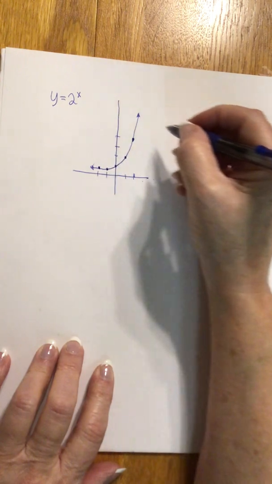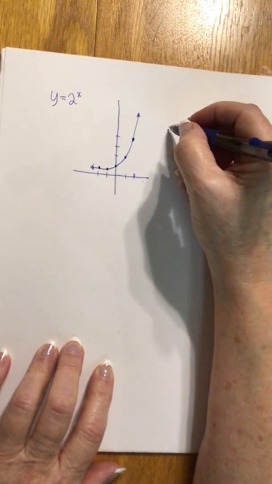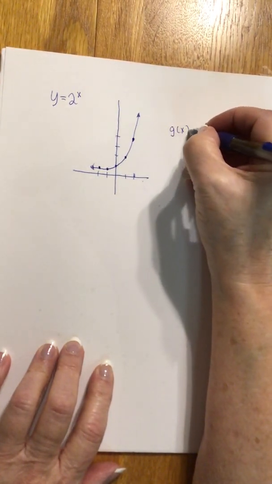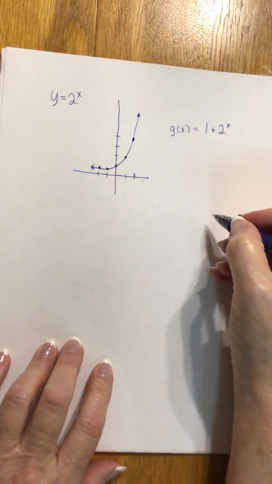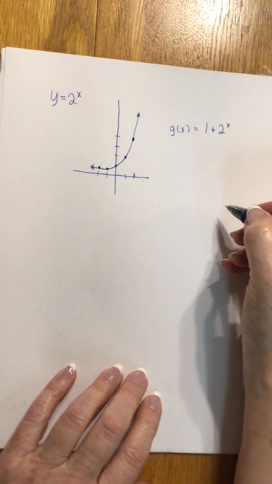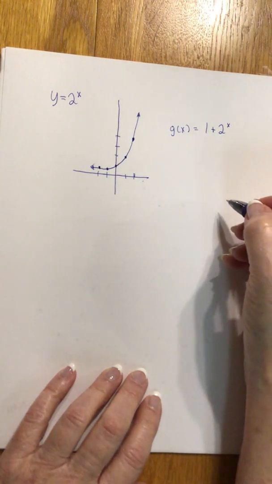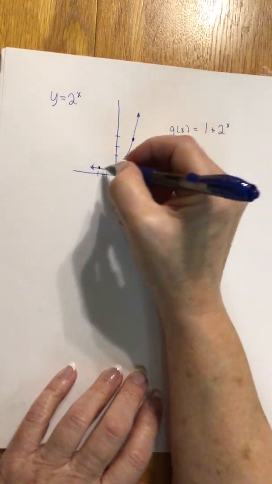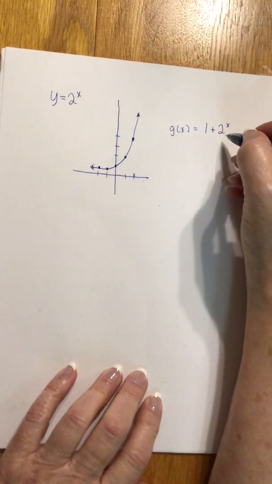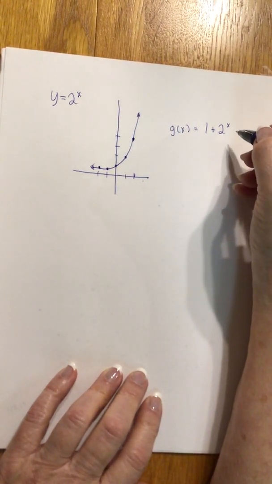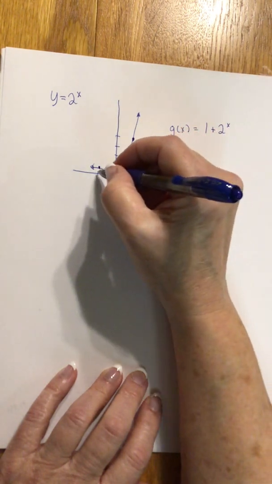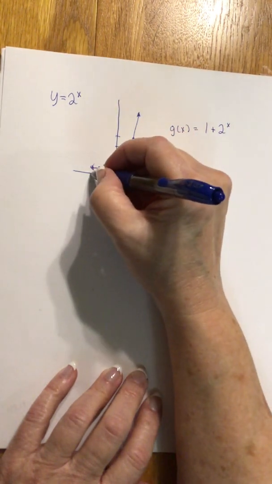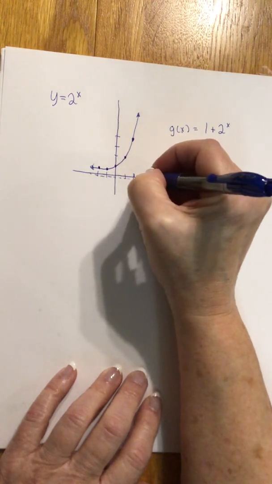How is this parent function going to transform into something like this? G of x equals 1 plus 2 to the x. What is the graph going to do when we do 1 plus 2 to the x? You're still going to start with this 2 to the x graph, but then the plus 1 causes everything to move up 1. Not only does it move all the dots up 1, but it also moves our asymptote up 1.